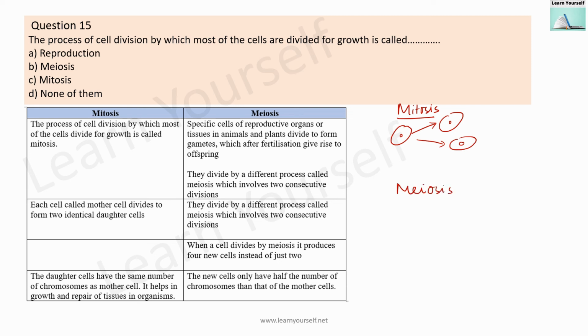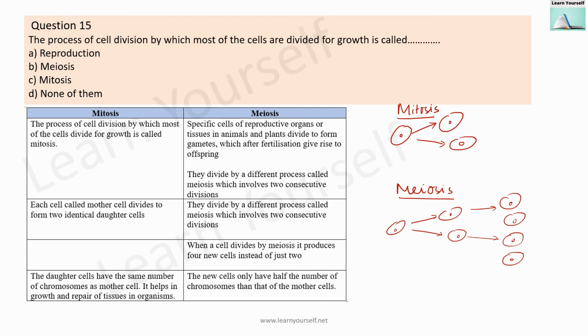This will not happen anywhere but in the reproductive system and the reproductive organs. In this, two consecutive cell divisions will happen, and after the process we are going to get four different cells. So this is the basic difference between mitosis and meiosis.